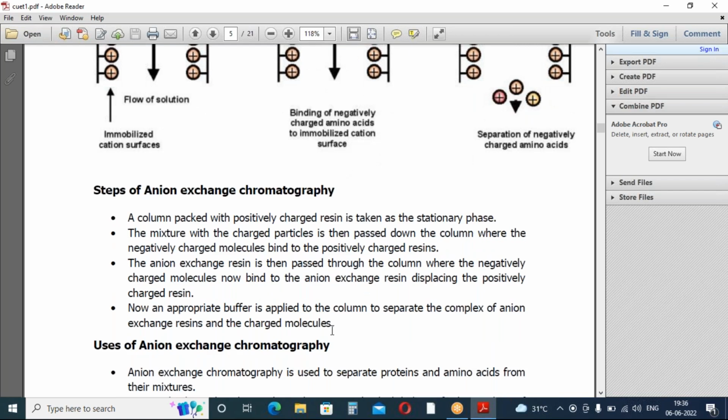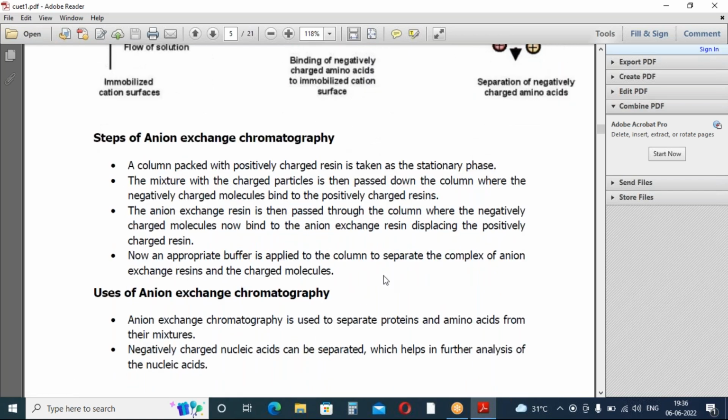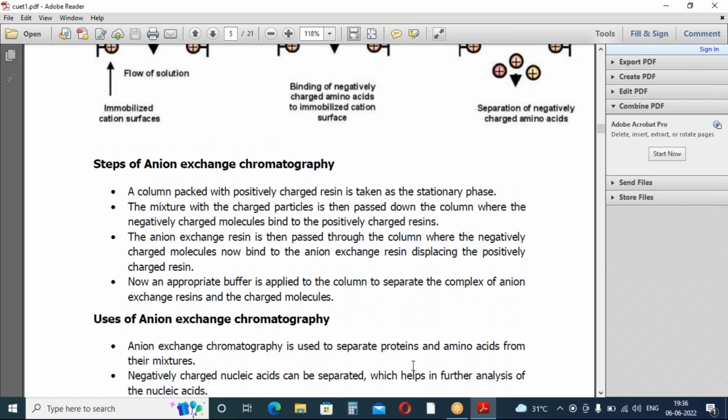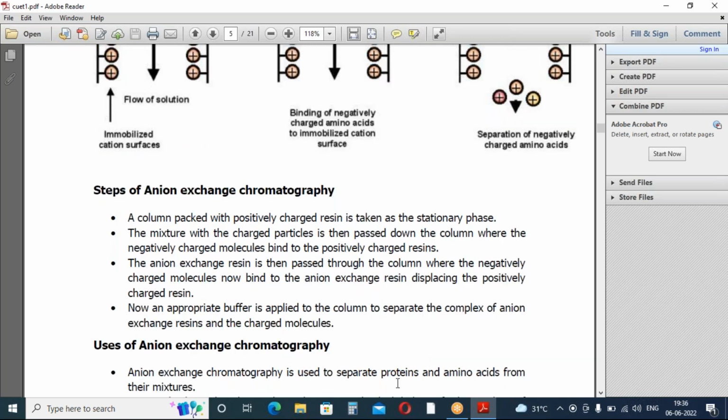Negatively charged analytes. Okay, and what are the uses of this anion exchange chromatography? It is mainly used to separate proteins and amino acids from mixtures, and also the negatively charged nucleic acids can be separated, mainly for the analysis of nucleic acids.